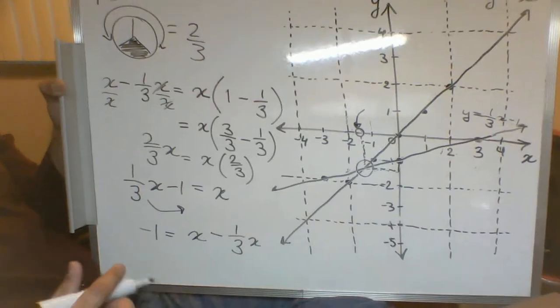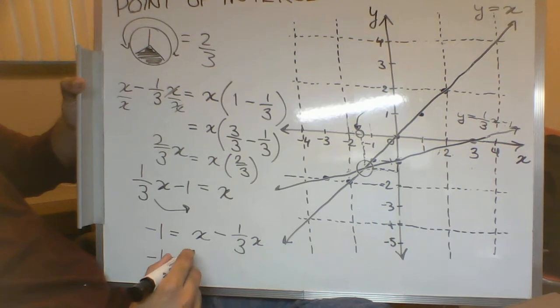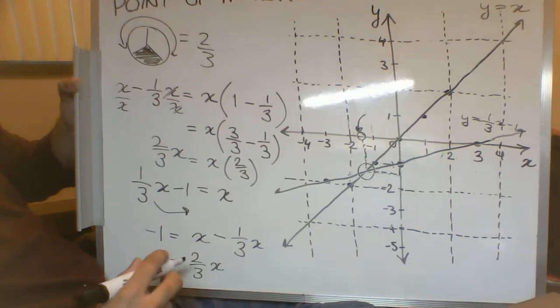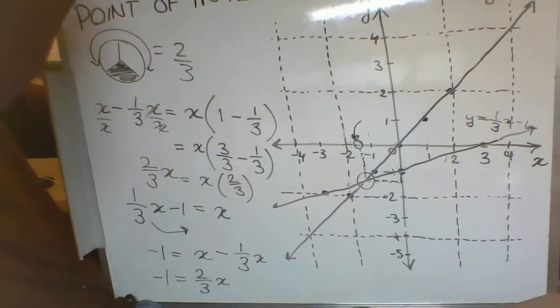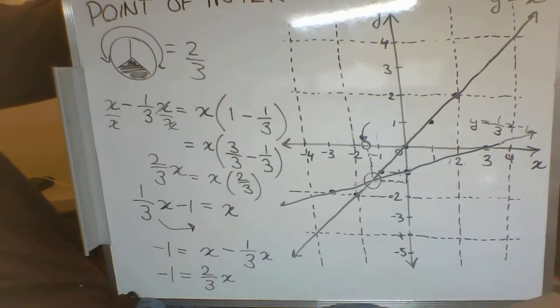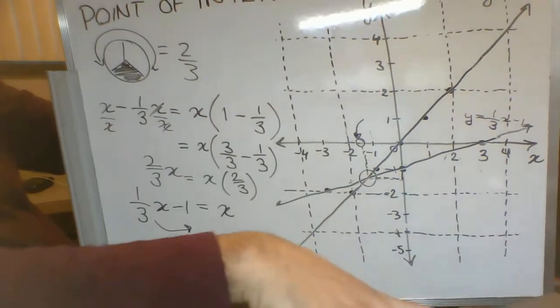And so what we get is that -1 is equal to 2/3 times x. So 2/3 x, or 2x/3. All right, now we're not quite done yet because we haven't actually solved for x.